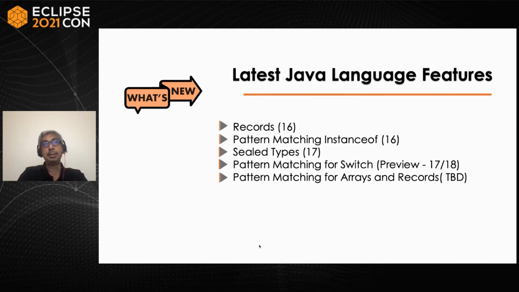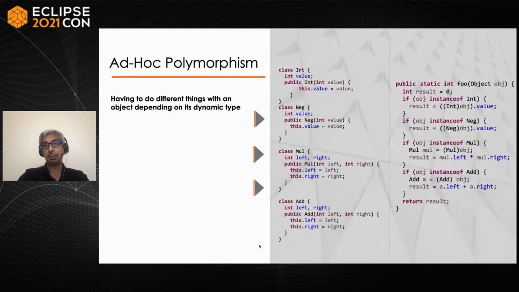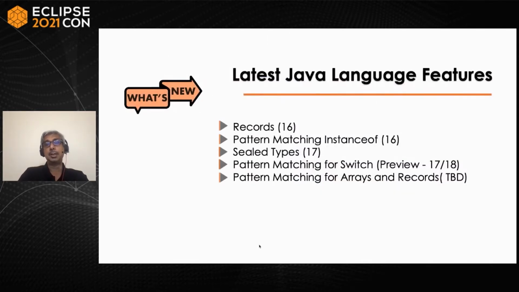From the 17 point of view, we have sealed types, which is a standard feature. But we also have pattern matching for switch, which is a preview feature. If you're not familiar with standard and preview features: with the six-month release cadence, Java has come up with this idea of a preview feature, where the feature becomes preview in the first releases, and then goes into the standard feature at a later point of time after taking feedback from the users.